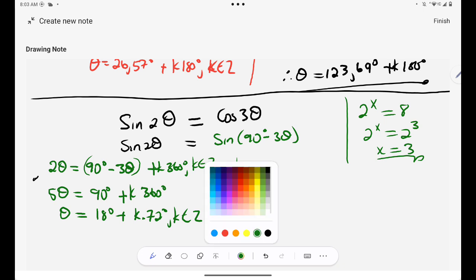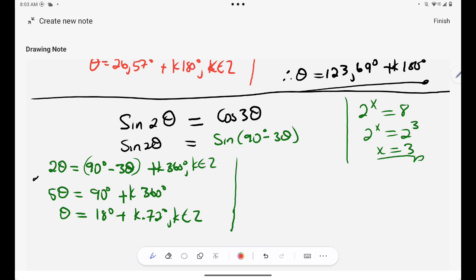Let me write it in red. In the second quadrant, we'll say that 2 theta will be equal to 180 minus (90 degrees minus 3 theta) plus k 360, where k is an integer. Are you together?